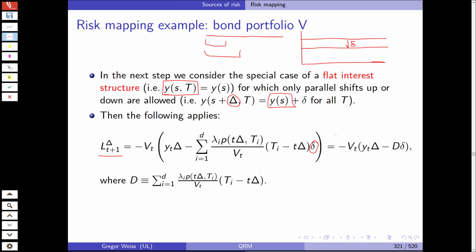In other words, it's minus the portfolio value times the yield times delta, minus D plus delta times delta. And what is capital D? Now we substitute this with D. D is the weighted sum of the prices times the remaining maturity on each bond.